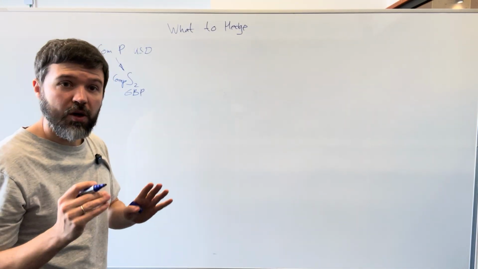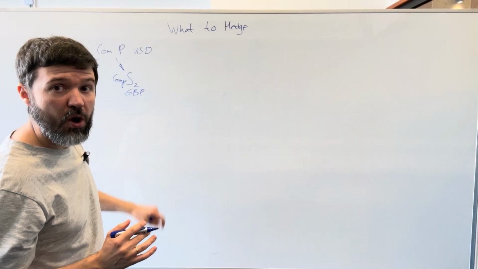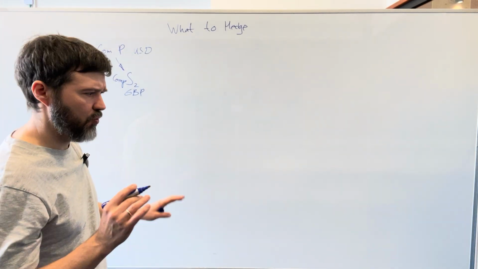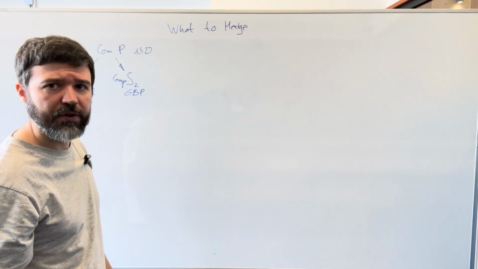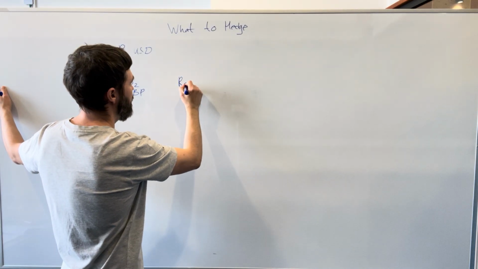Let's assume that our costs and revenue are predictable, like really reliable prediction for revenue.